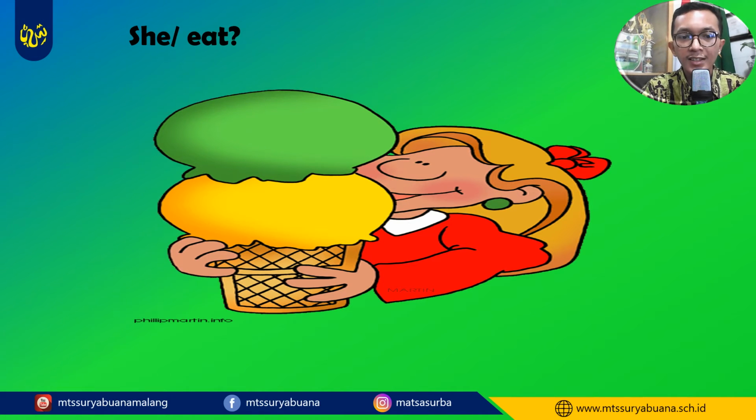The correct sentence is: did she eat an ice cream? Yes, she did. You can see in this picture this girl is holding an ice cream, right? So the answer is yes, she did.